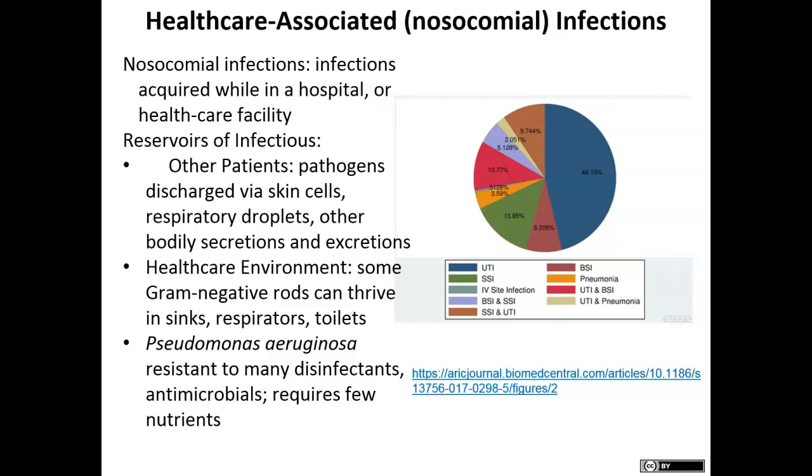Typically, they are going to be considered secondary infections because you're already in the hospital for some reason. This can cause your immune system to have a lot of problems. Reservoirs for nosocomial infections are things like other patients. You have a lot of ill individuals, so those individuals can cause problems.